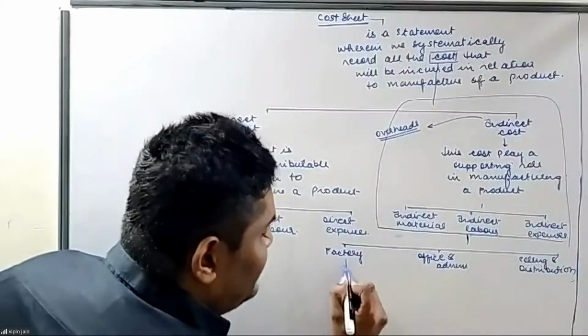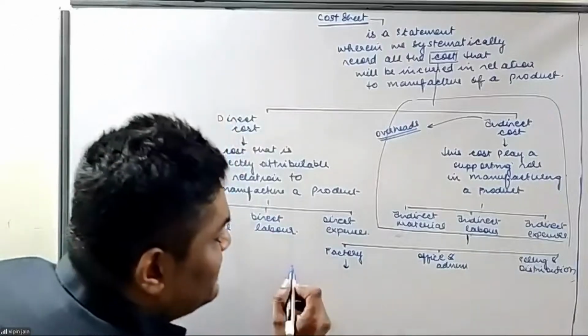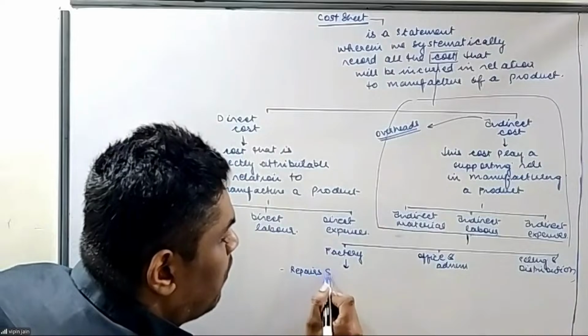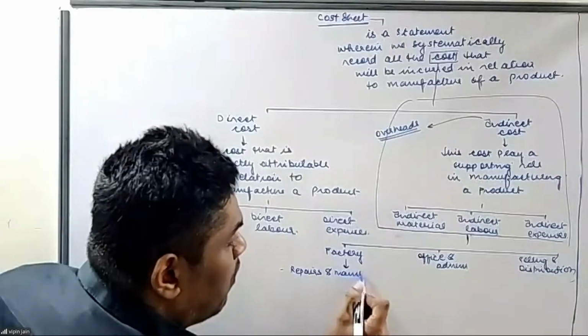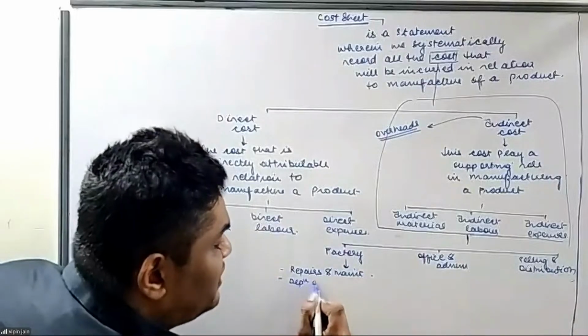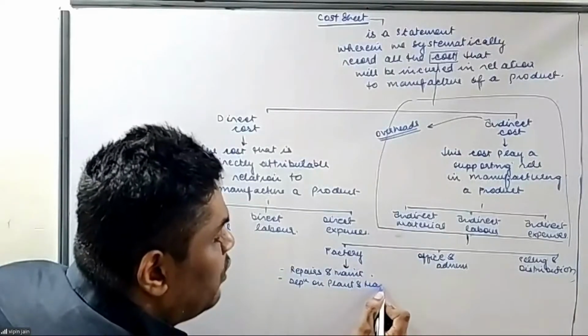Now let me write a few examples for your reference. If repairs and maintenance are given, it goes in factory. Depreciation on plant and machinery will go in factory.